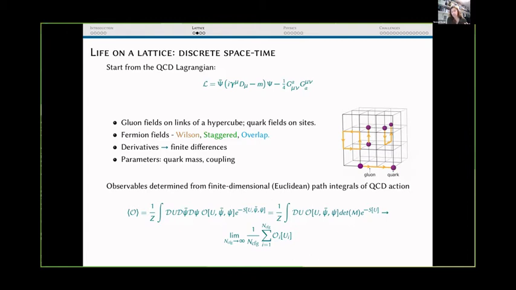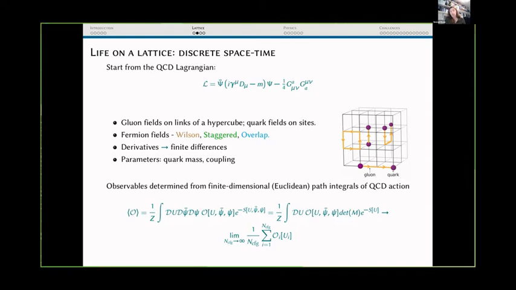Of course, in the continuum, as you remove the lattice spacing, the observables calculated with these different discretization approaches should all agree, and that's been a topic of some study on the lattice and has been demonstrated for many quantities now, in fact. In the usual way, derivatives are replaced with finite differences.